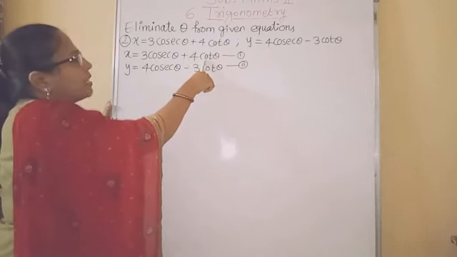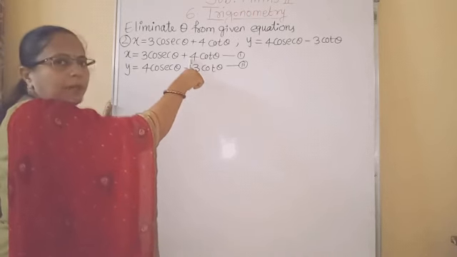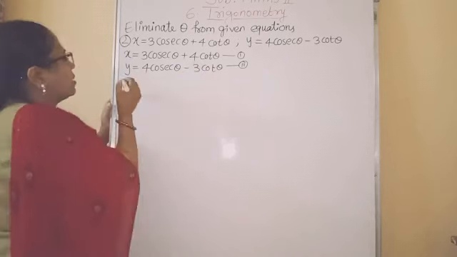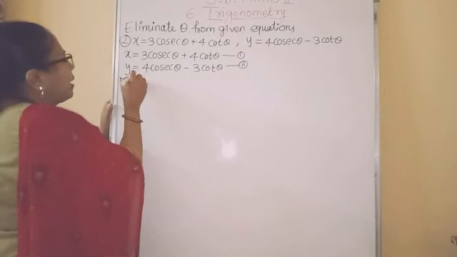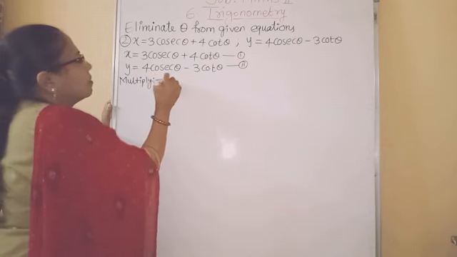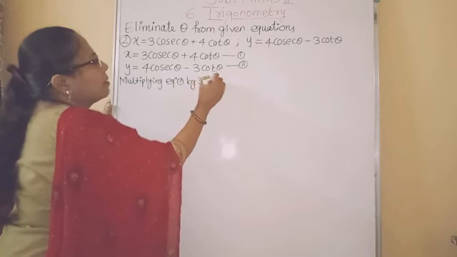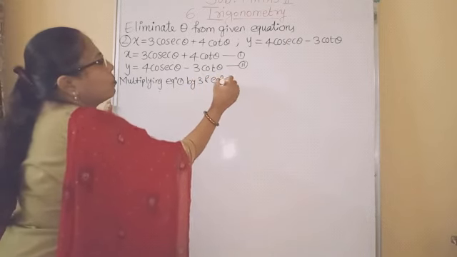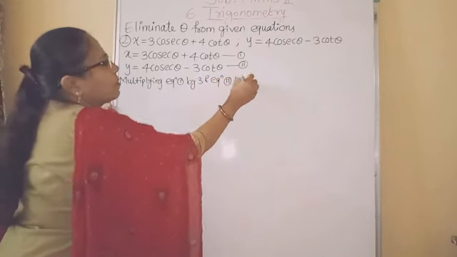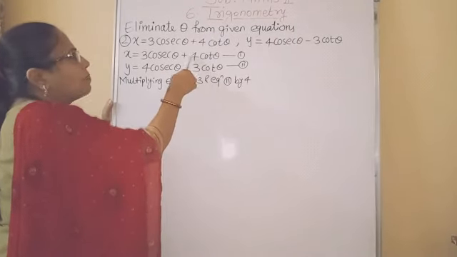The first equation we have to multiply by 3 and the second equation we have to multiply by 4. Okay, so write the order. Multiplying equation 1 by 3 and equation 2 by 4.